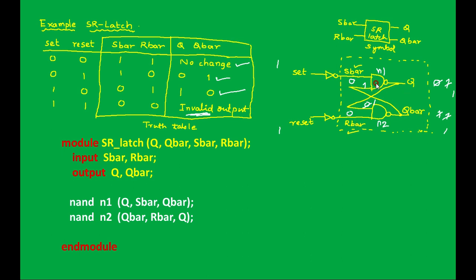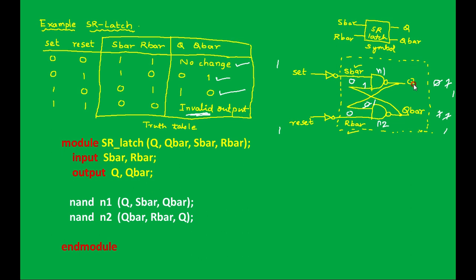Here it involves 2 NAND gates. NAND gates are readily available, so we are using NAND, and there is no need to write a module for the NAND gate. So for N1, what are the inputs? It is a predefined component, and the instance name we have given is N1. Always, when you are using a predefined component, first you should write the output followed by the input list.